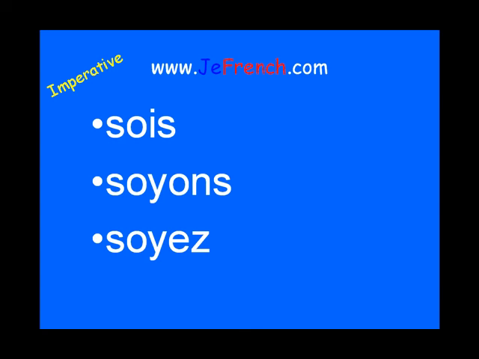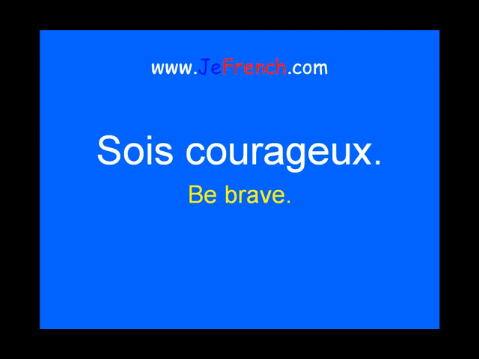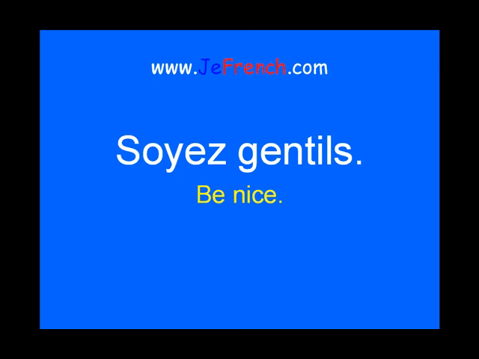Sois courageux, be brave. Soyez gentil, be nice. Now here you're either talking to one person in the formal way, the vous form, or you're talking to a group of people. Soyez gentil.